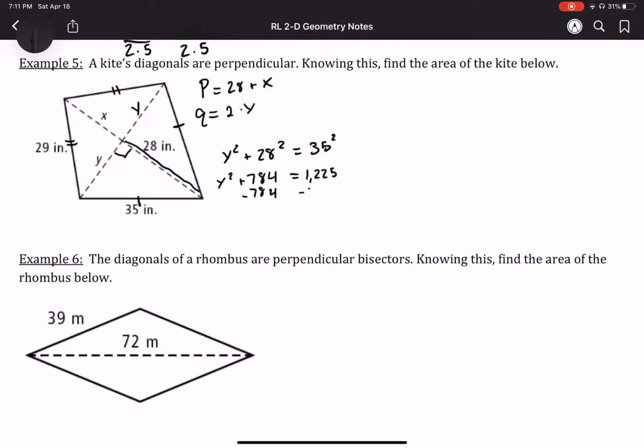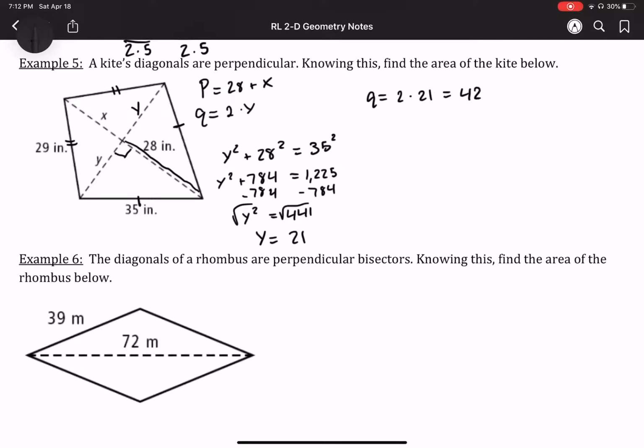When I subtract that 784 from both sides, that leaves me with Y squared is equal to 441. I'm going to go ahead and take the square root of 441, and that gives me that Y is equal to 21. So now that I have my Y, that's enough information to find my Q. So I have my Q is equal to 2 times 21, which is equal to 42.